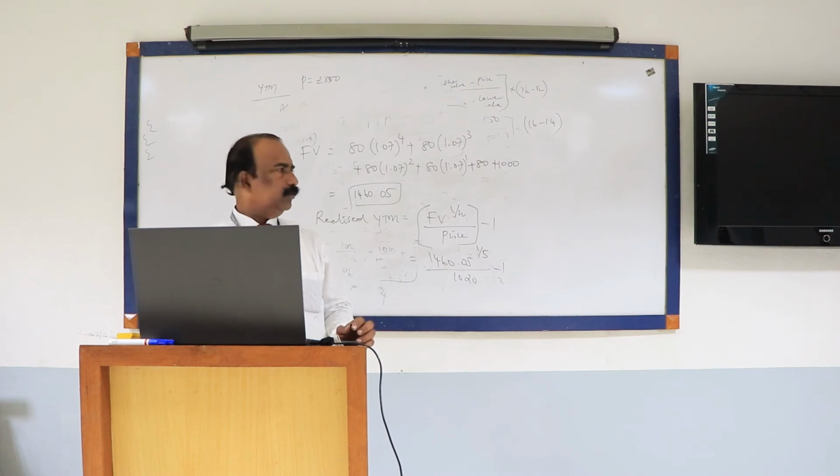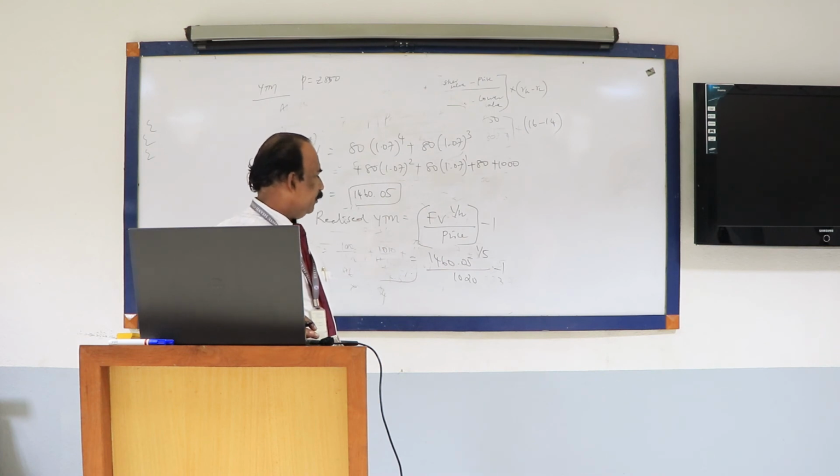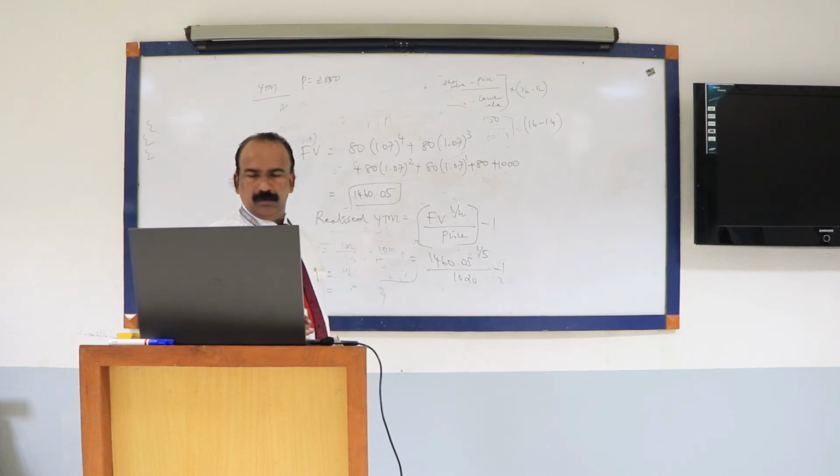Value? 4.29. So the value of 1460.05 power 1 by 5 is 4.29. Then divide by 1020. That is 0.0043.